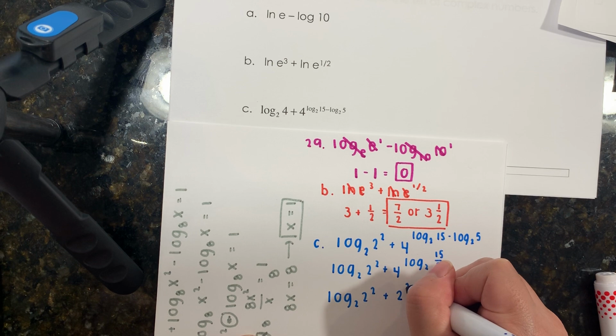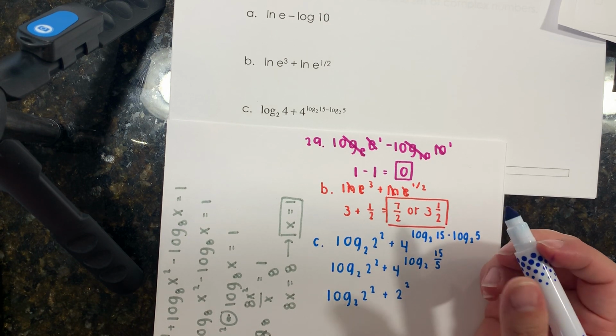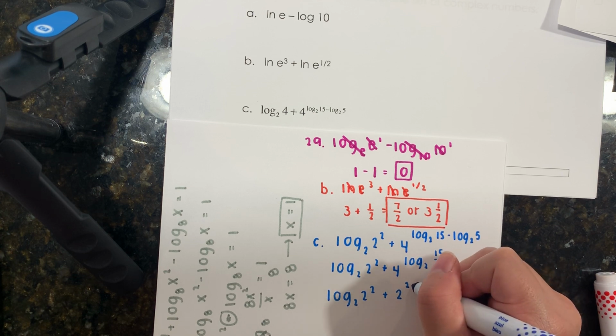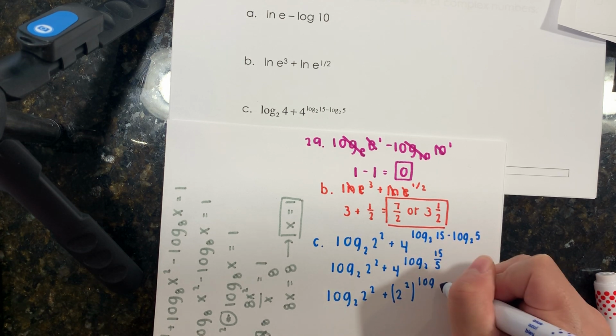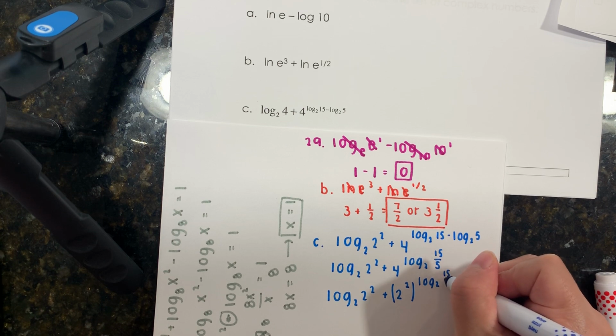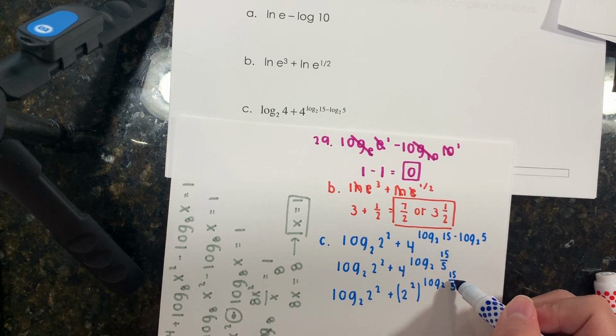So this would be 2 to the second. 15 over 5 is 3.